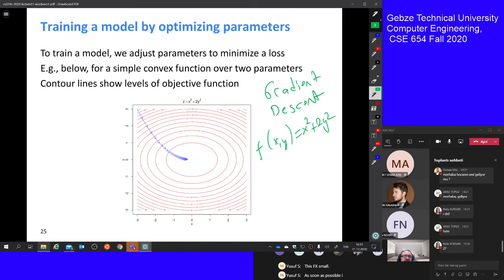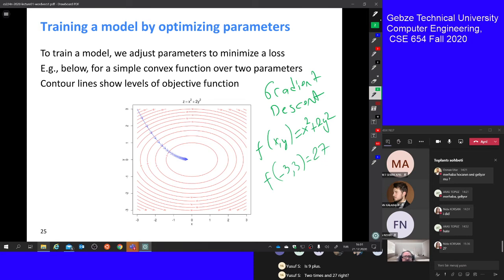So the idea is this: if I give x and y values, like if x is -3 and y is 3, what would be the f in this case? Somebody tell me? This is 9 plus 2 times 9, 27, right?